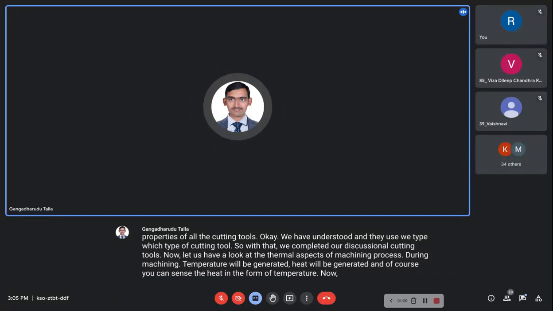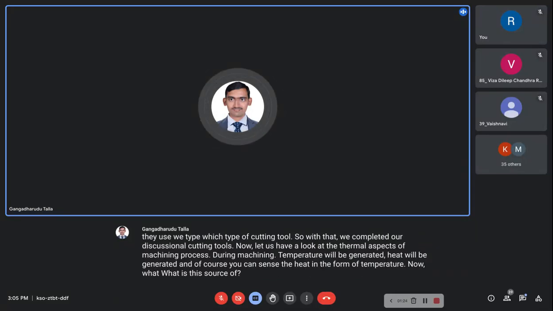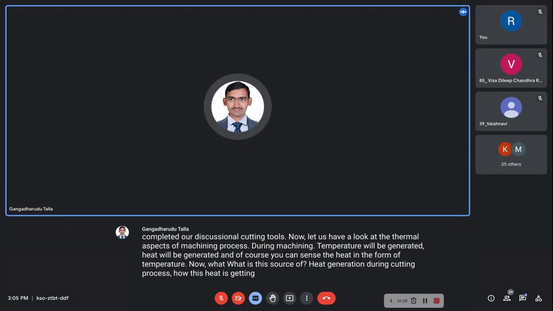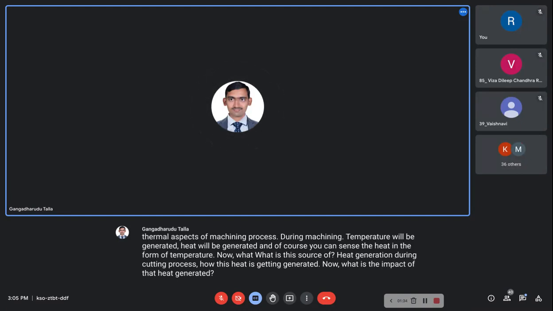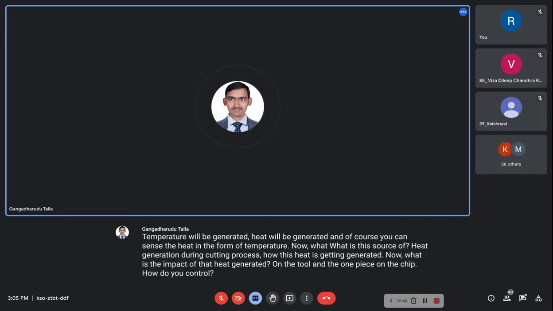Now what is the source of heat generation during cutting process? How is this heat getting generated? What is the impact of that heat generated on the tool, the workpiece and the chip? And how do you control the temperature?